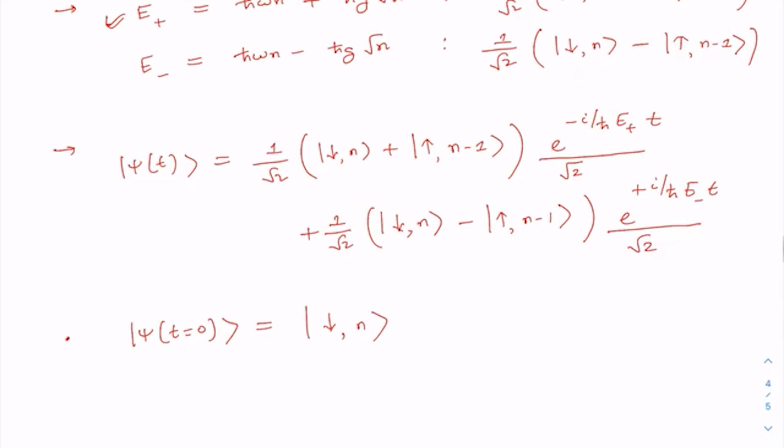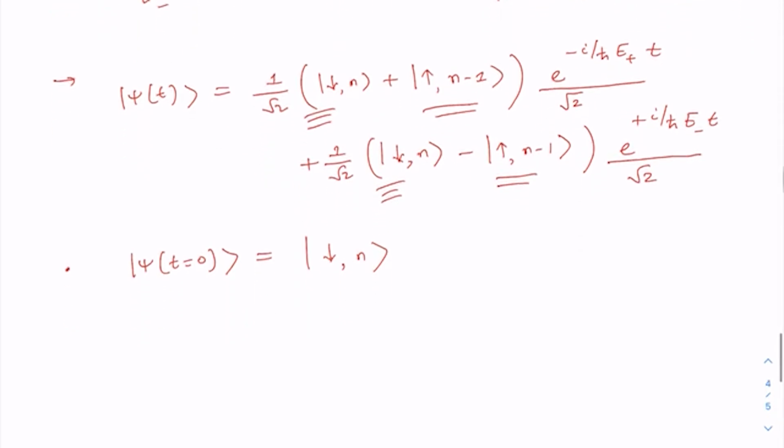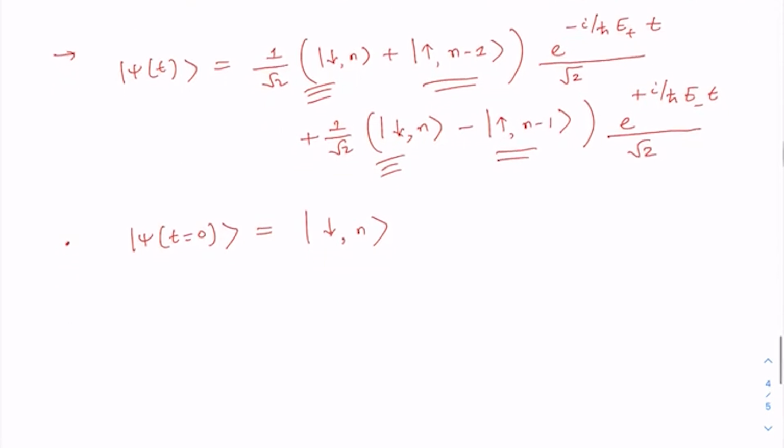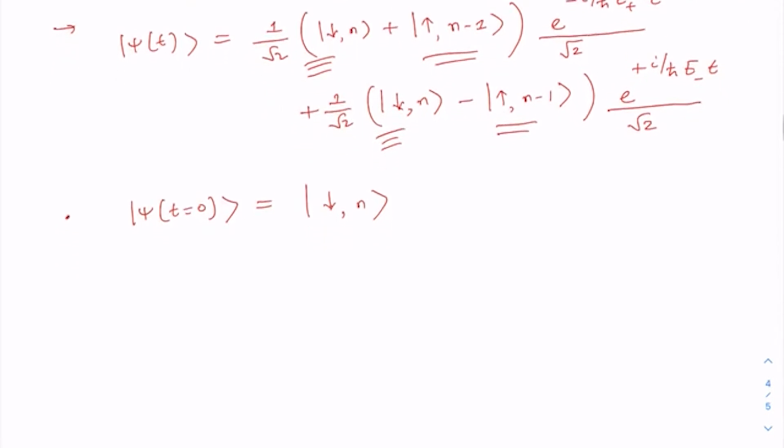So if you check carefully, at time t equal to 0, you will see this term and this term get cancelled out, and then this term and this term will add up, and you will end up with the required state.